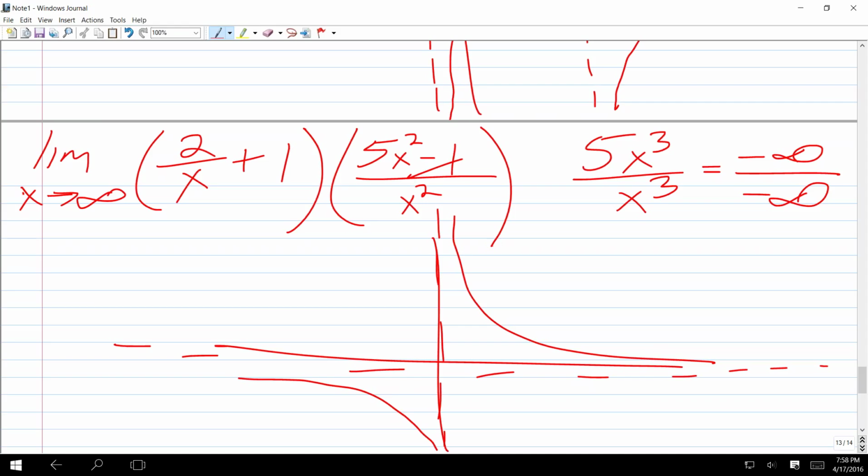As x goes to infinity, this whole thing goes to 0, and as that's not what I said, was it? I said as x goes to infinity, the whole thing goes to 5. Well, the right part of this thing has a horizontal asymptote at 5.